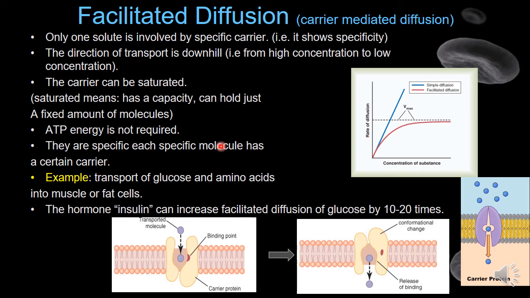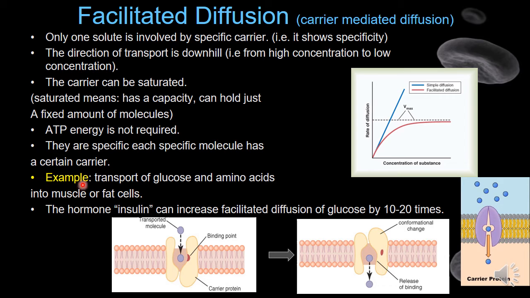The other characteristic feature of this type of transportation is that ATP energy is not required. So it is like simple diffusion, and they have specificity. Each substance has its own carriers.